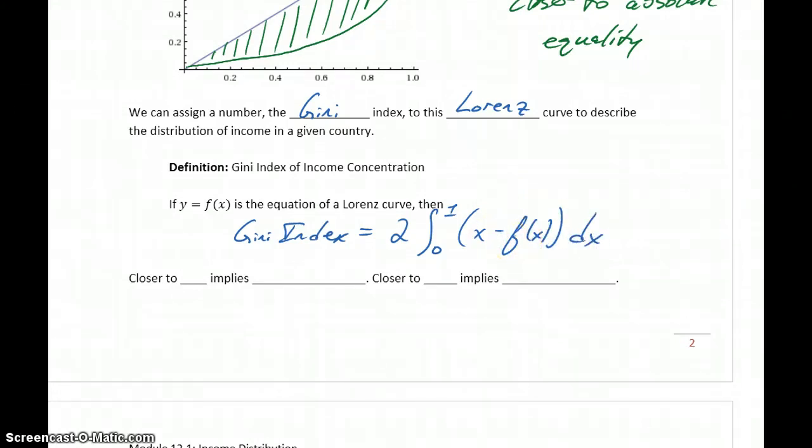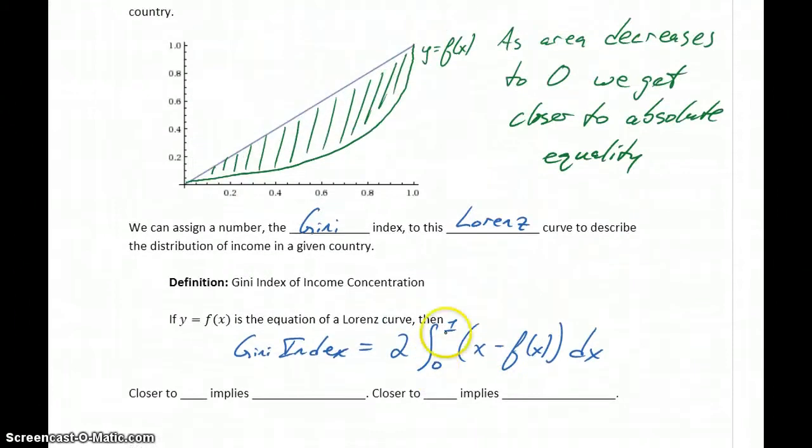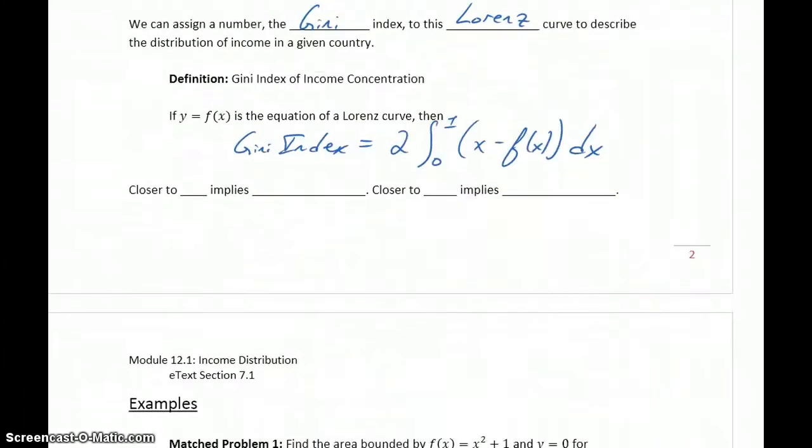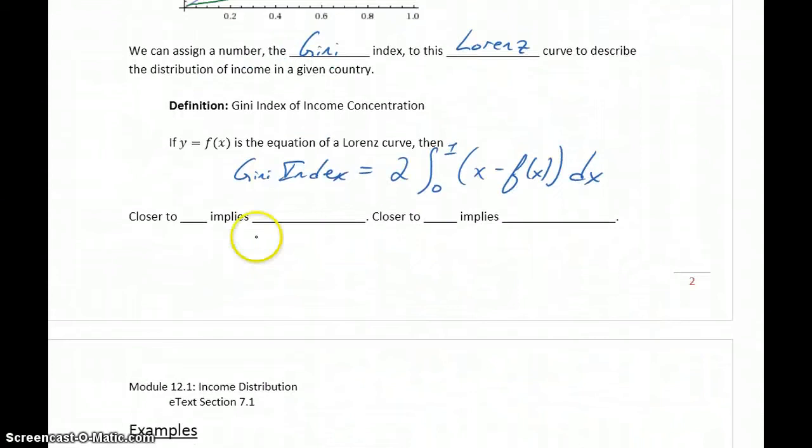So all we're calculating here, since we're integrating from 0 to 1, the difference x minus f of x, is the area between the curves, and then we're multiplying that result by 2. The reason we're multiplying by 2 is, again, absolute inequality was represented as an area of 1/2. So if we multiply that by 2, then absolute inequality ends up being 1. And that really just comes down to the convenience of interpreting these numbers.